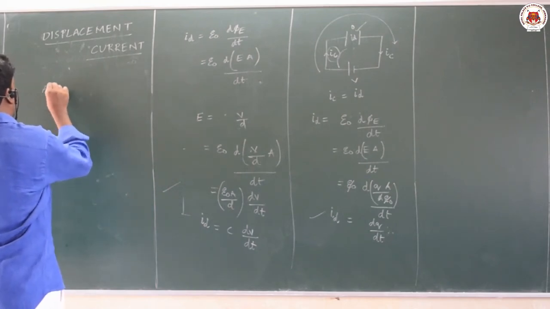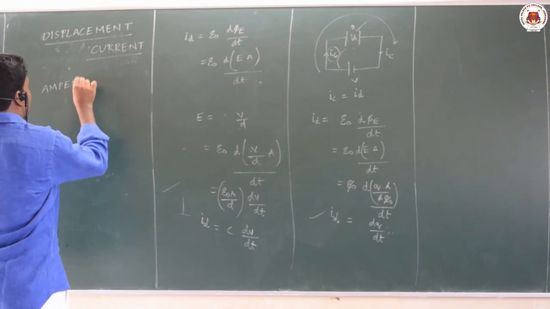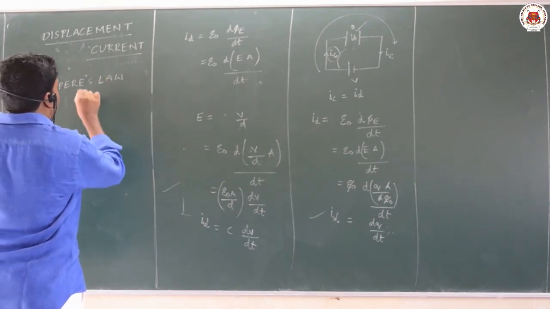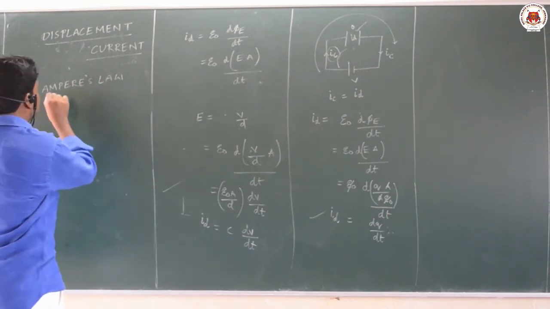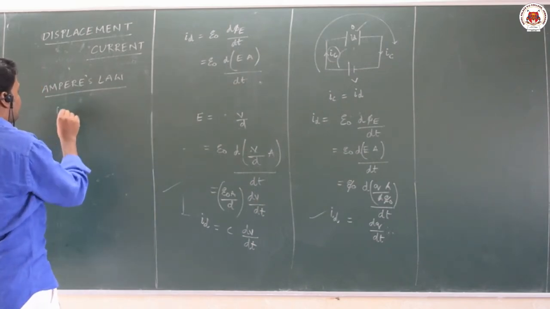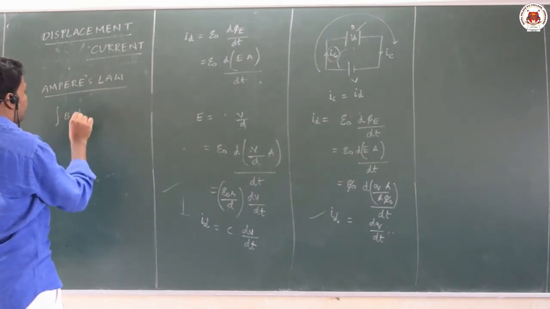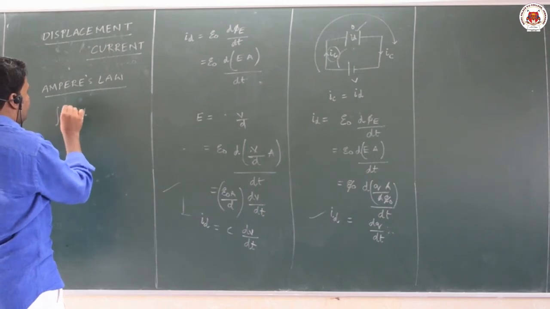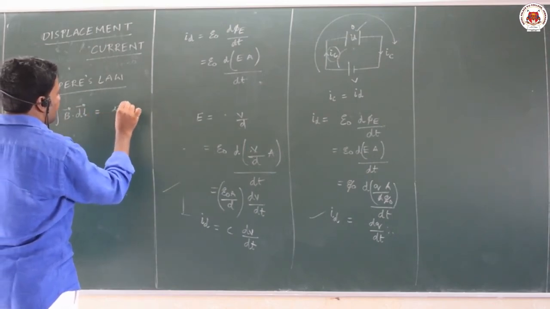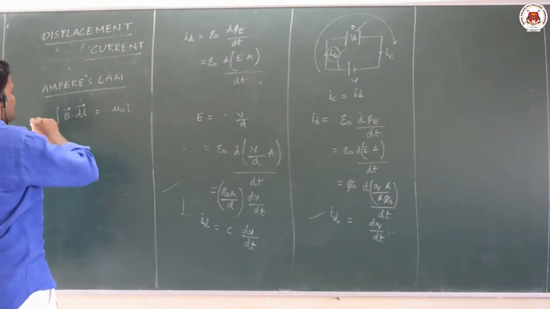What is Ampere's law? You already studied in moving charges and magnetism. Ampere's law is integral of B bar dot dl is equal to mu naught I. This is what Ampere has given.